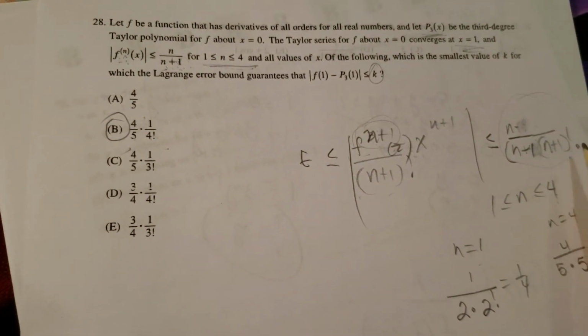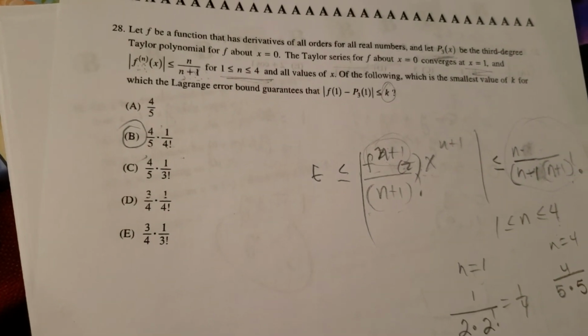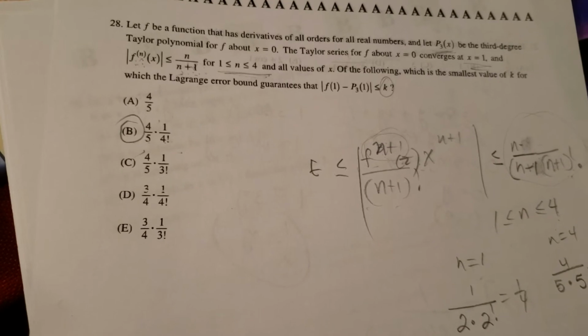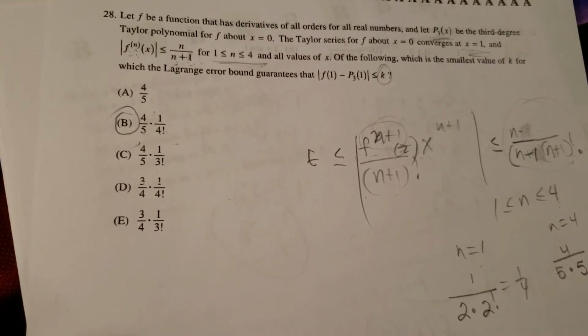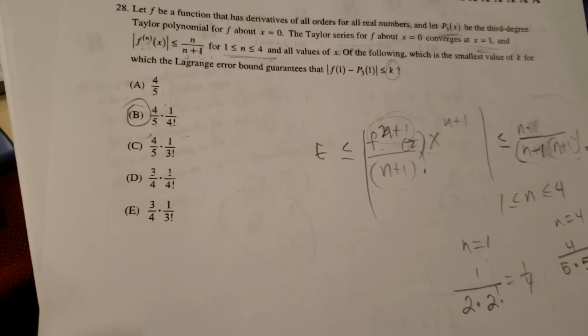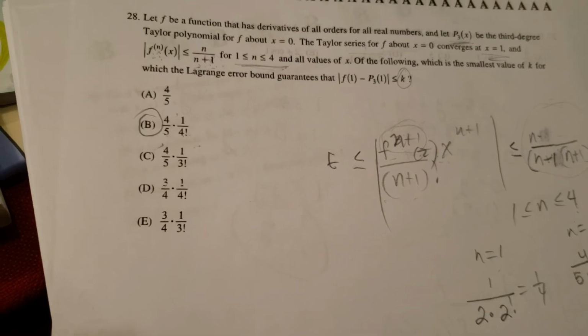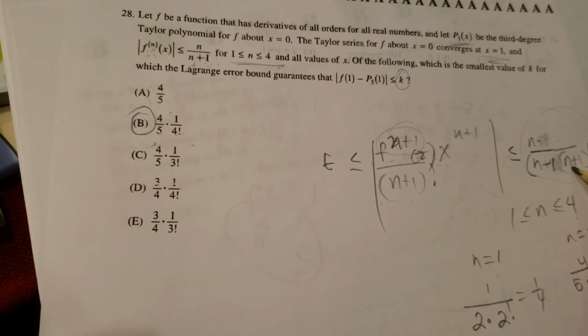Did I forget to divide? No, I did divide by that, over n plus 1 factorial. Well, that's the closest one to the answer, I guess. Gotta figure why it's 4 factorial, so they must have left this as n factorial.